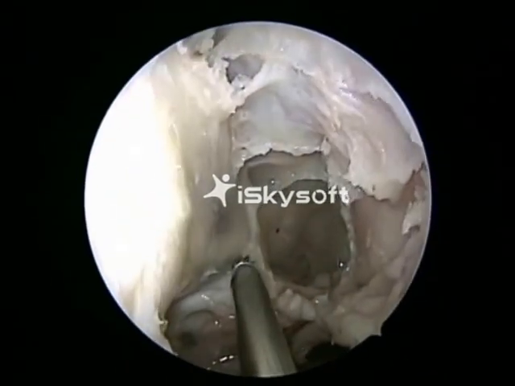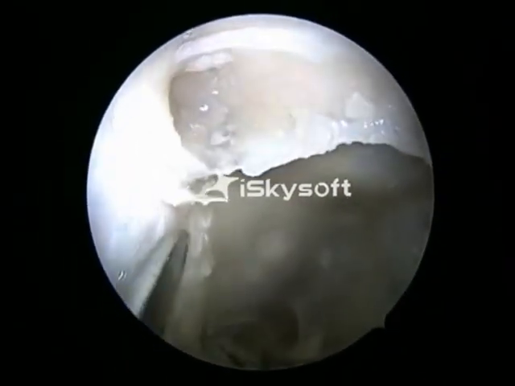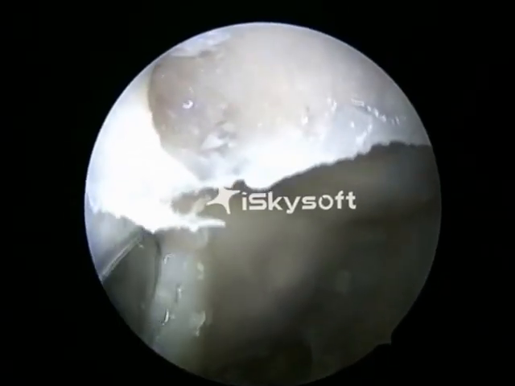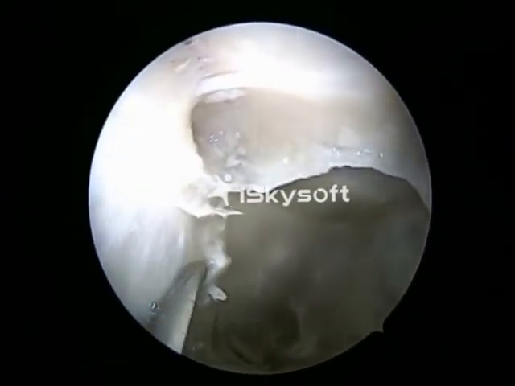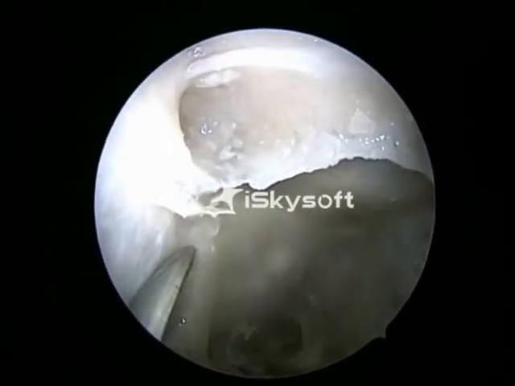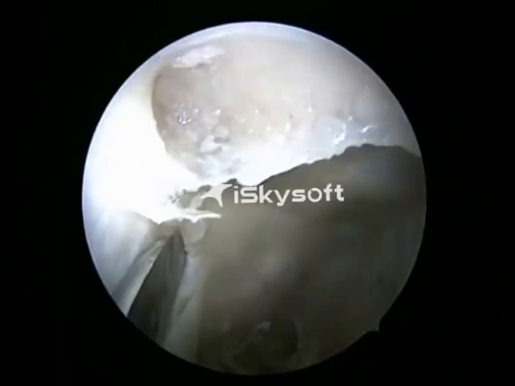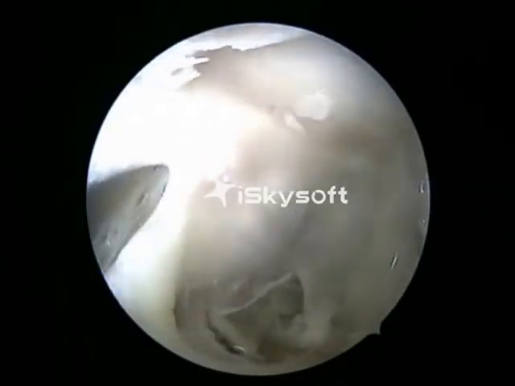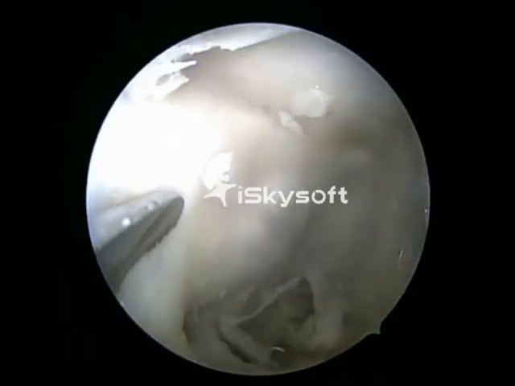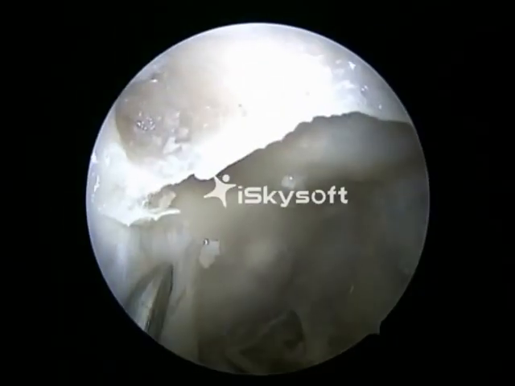Removal of bone can be done either 180 degrees or sometimes even 270 degrees. The ophthalmic artery runs on its postero-inferior quadrant. So care is taken when we remove bone inferiorly so that we don't damage the ophthalmic artery.